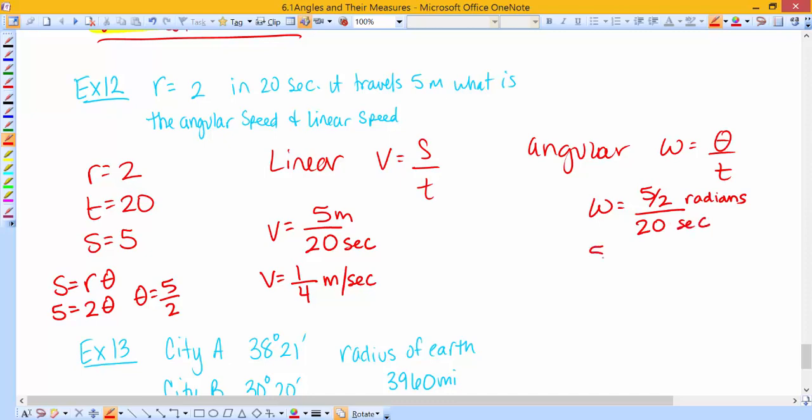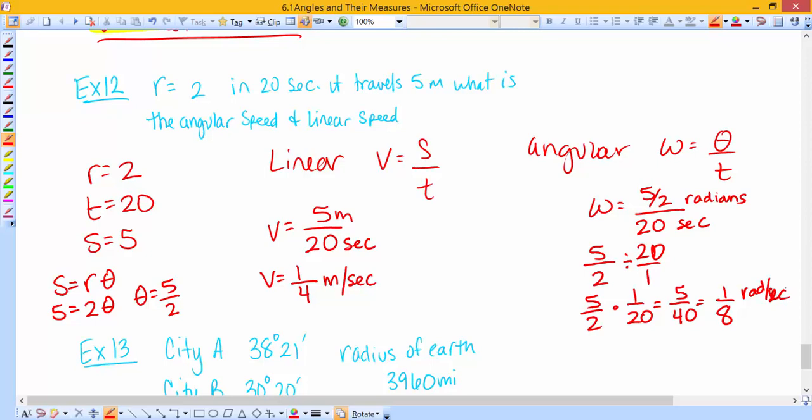So 5/2 divided by 20/1. So 5/2 times 1/20 ends up being 5/40. And this ends up being 1/8 of a radian per second.